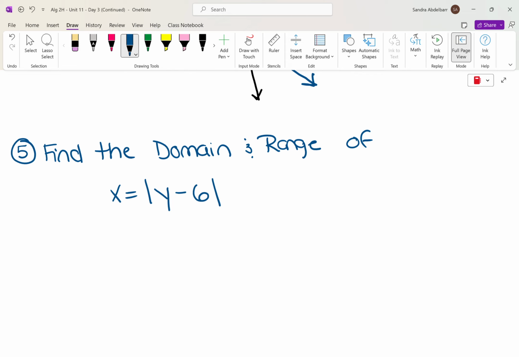Go back to the original. It's literally the same.